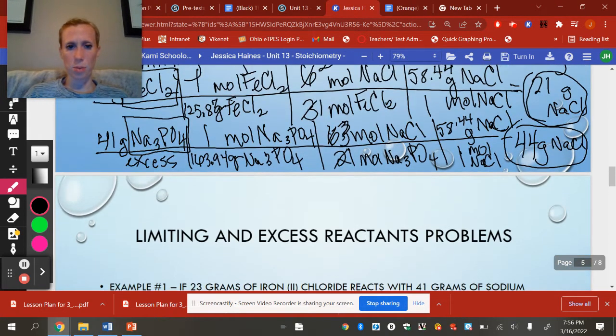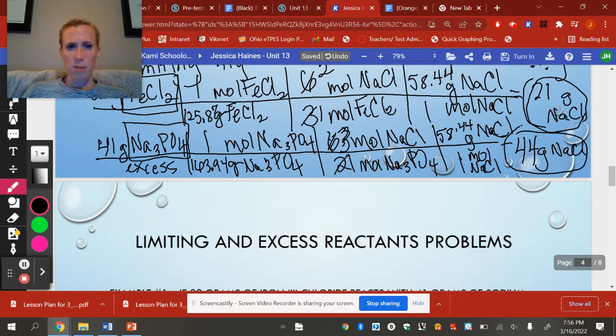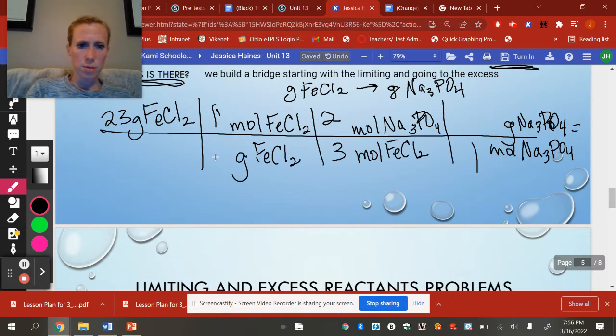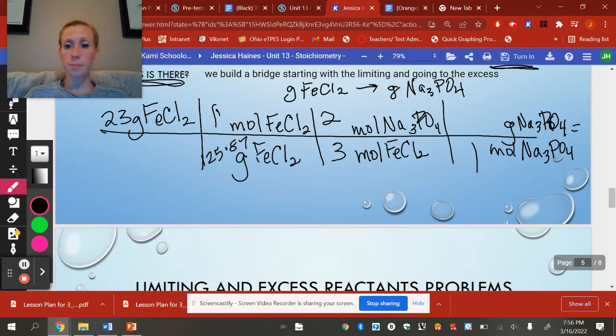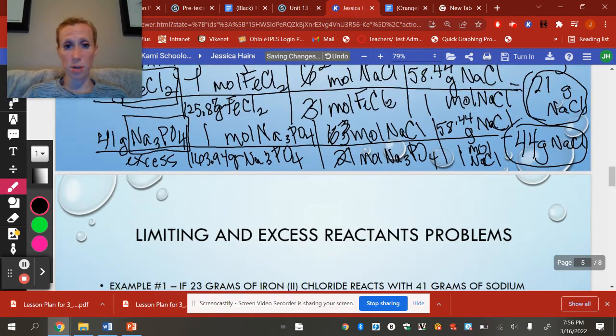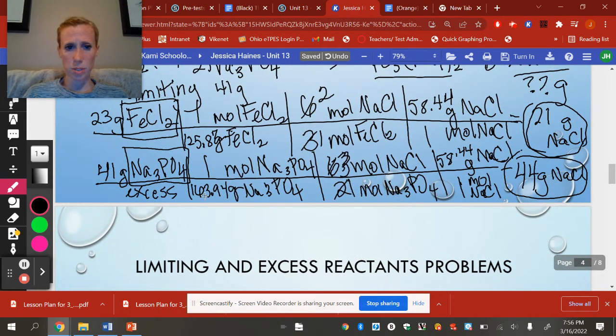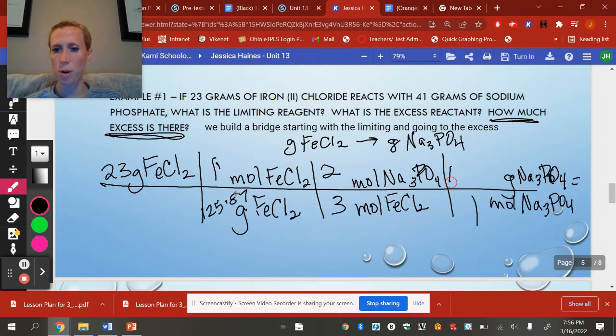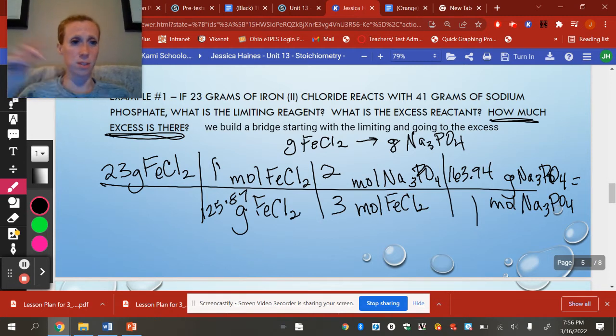And then I'm going to go up to my other bridge. FeCl2 is 125.87, so that goes right here, 125.87. And then the Na3PO4 is 163.94, so I'm just using my values from before, 163.94. Don't reinvent the wheel and do it again, just use what you have.